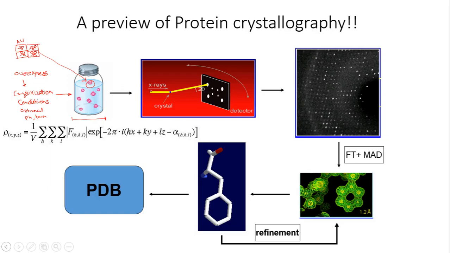So if you live in Pune, once you find out the crystallization condition, you might take that solution to NCL, maybe, where there is an X-ray crystallography facility available. You would give those crystals to the crystallographer, and he would mount those crystals on the X-ray crystallography machine and expose your crystals to X-rays.